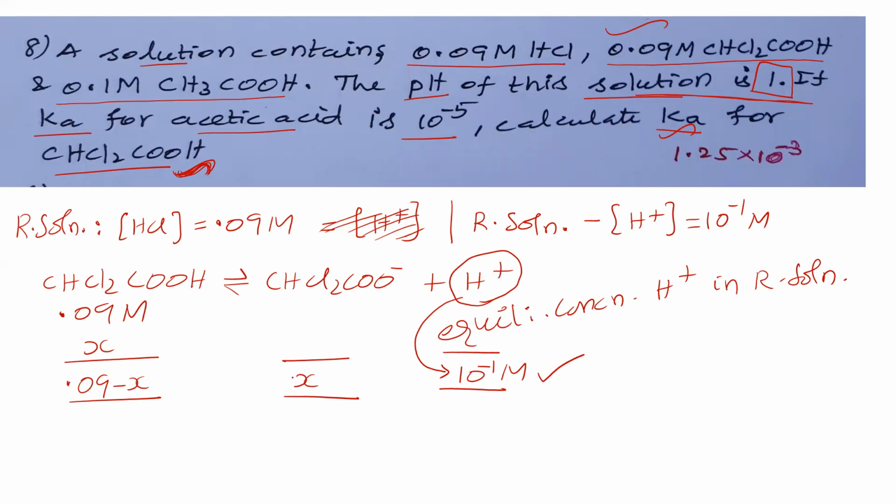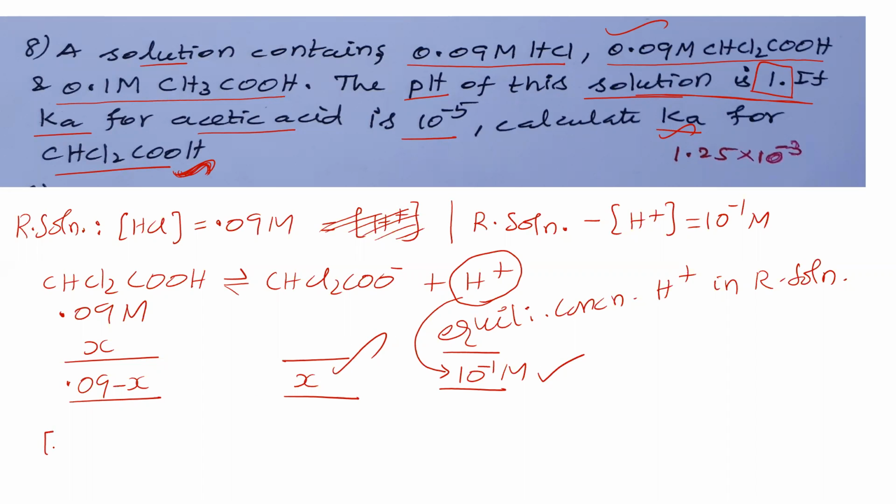So to get Ka, we must know X. If we know this X value, then only we can get Ka for dichloroacetic acid, no? Therefore, we want X. So how to find X? That we will see.